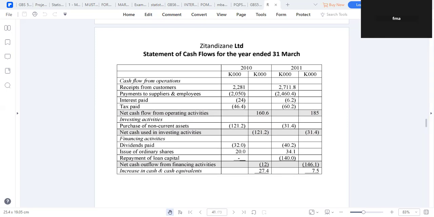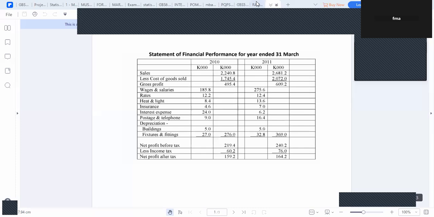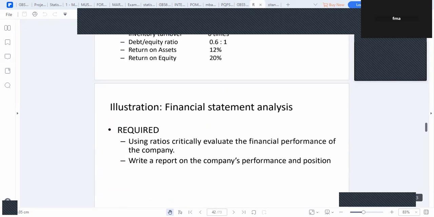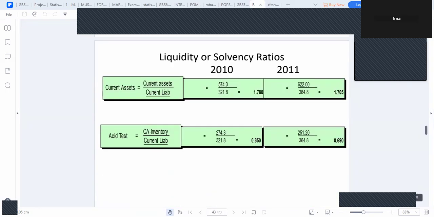Let me open this financial statement. So here are the two ratios. Now we're being asked to use ratios to evaluate the performance and write a report. Because these are liquidity ratios, we have the current ratio and the acid test ratio.